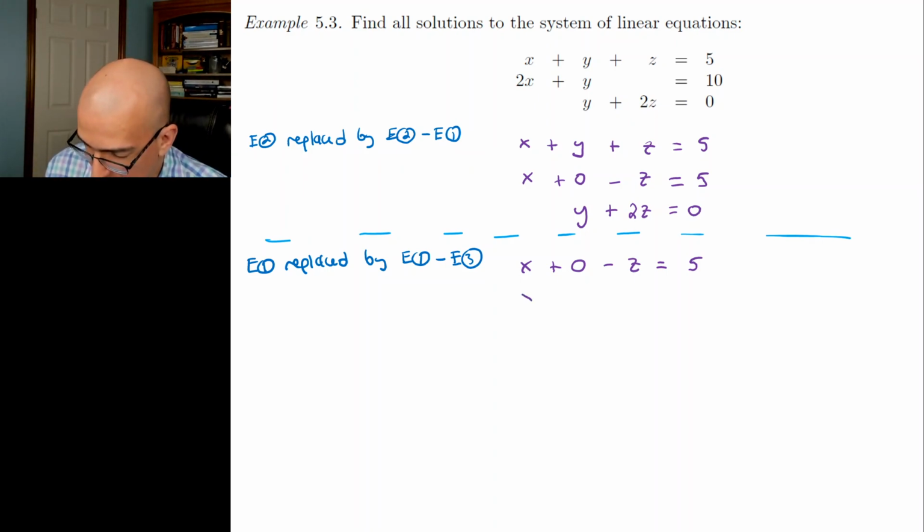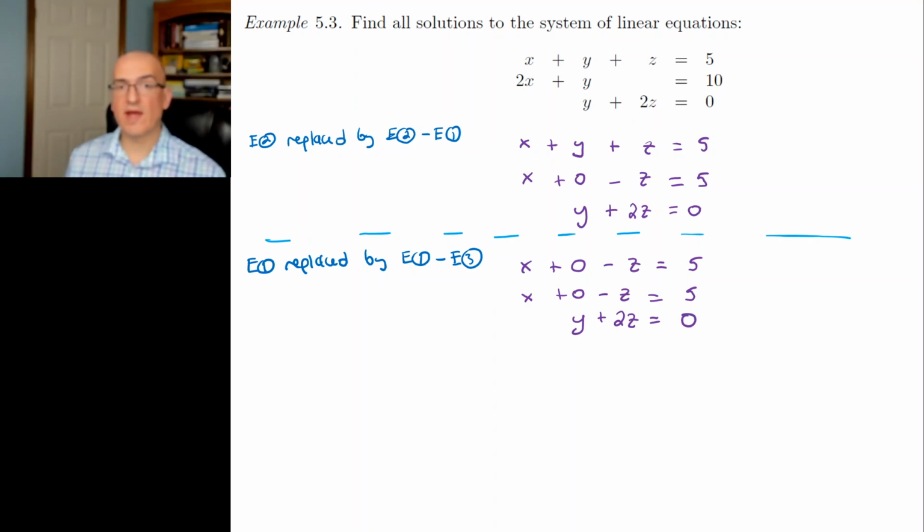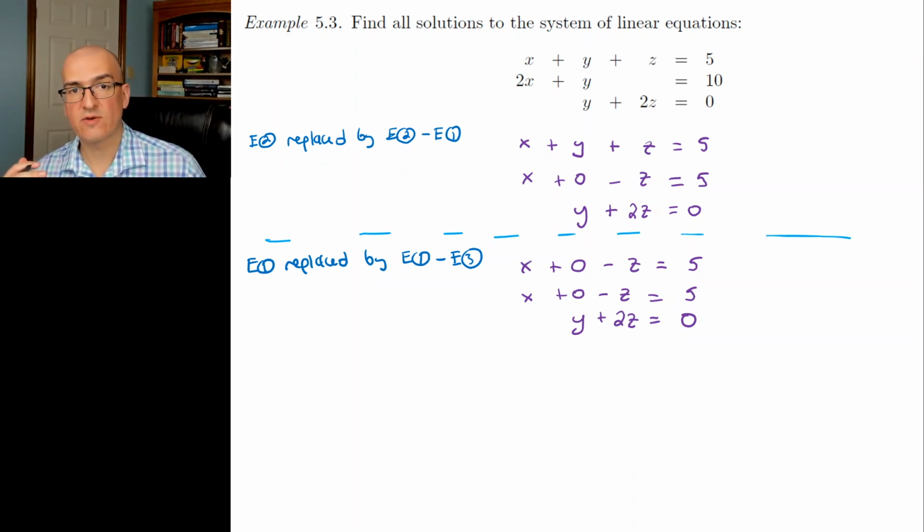Second equation, we have x plus 0 minus z is equal to 5. And the third equation is y plus 2z is equal to 0. Now look what we have. The first equation and the second equation are identical.